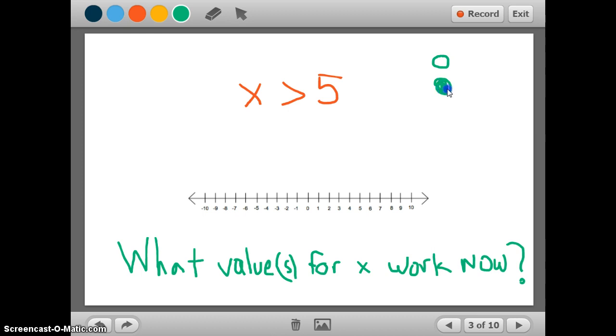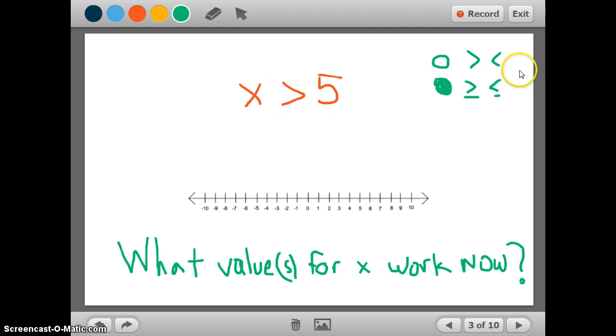A closed circle means equal to as well. An open circle would be either greater than or less than, whereas a closed circle you have to include that point, so that would be the equal to, or you can have a less than or equal to.